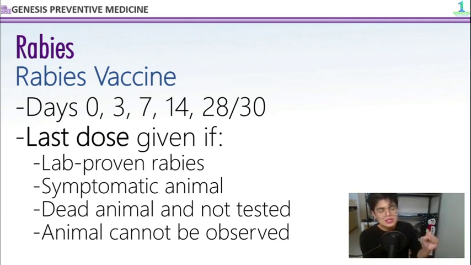So regardless of when the person was bitten, even if they were bitten 2 weeks ago, we still count it as if they were bitten on the day of consult. So that's when you start day 0. That's where you count day 0, day 3, day 7, day 14, day 28, day 30. Well, yeah, that's basically it.